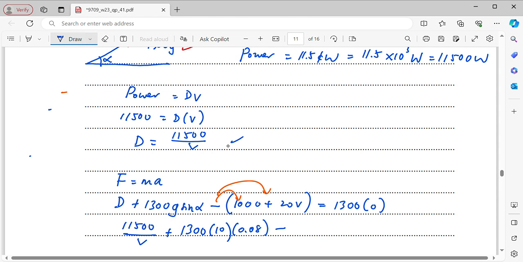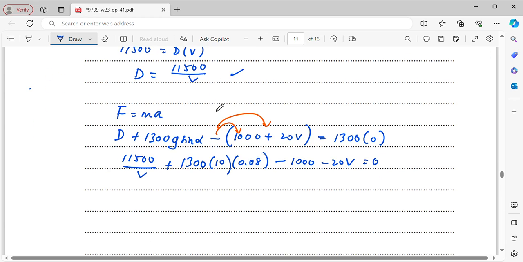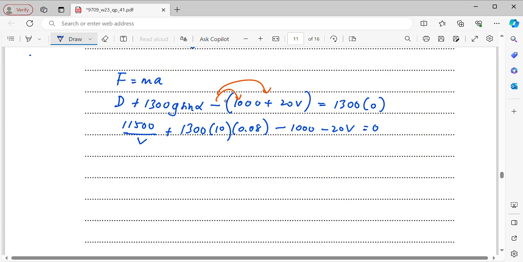So it will be minus 1000 minus 20V, then equals to 0. Then now from here, I will get 11,500 over V. So the second term is going to be 1040 minus 1000 minus 20V equals to 0.